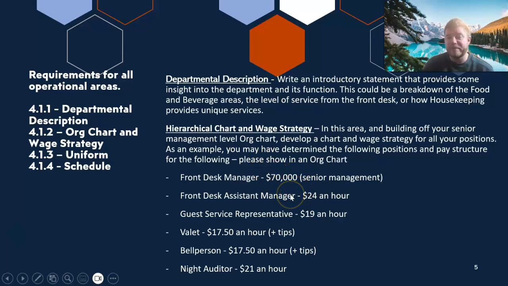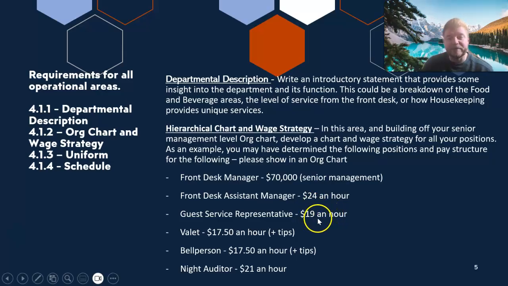Everyone else, assistant managers, supervisors, and then frontline, will all have an hourly wage. This is what I came up with just as an example. Maybe the assistant manager gets $24 an hour. Basically, $25 an hour is about 50 grand a year, so you think about it that way, it's about a $20,000 difference, which I think is pretty reasonable.